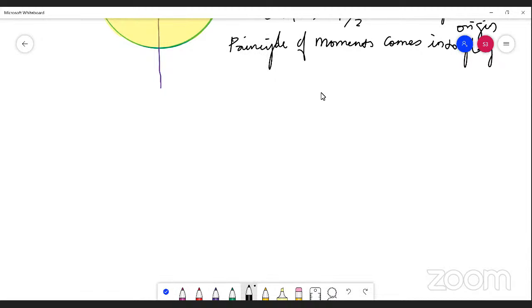I am going to write the principle of moments for the left out disk and the smaller portion of the disk. The left out disk has a mass capital M minus small m, and its center of mass is at a distance x to the left of the origin.